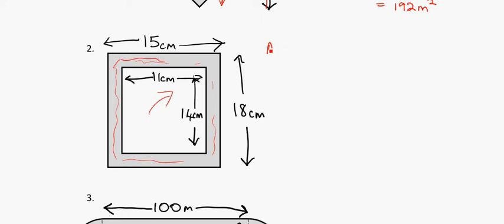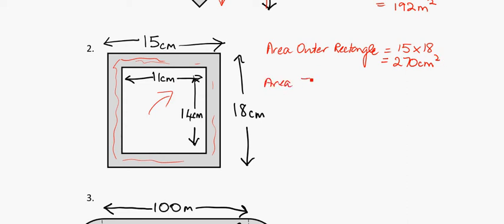So find the area, we'll just call it the outer rectangle. It's going to be base times height, 15 times 18, which comes out to 270 centimeters squared.